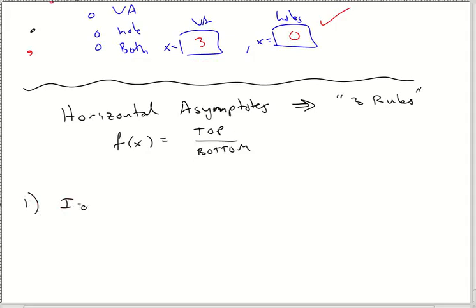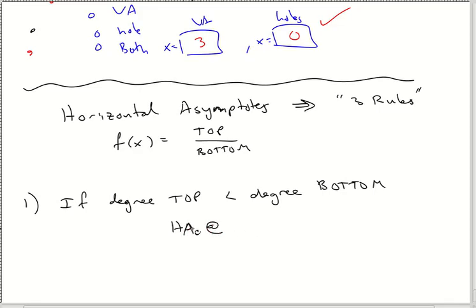Number 1, if the degree of the top is less than the degree of the bottom, then my horizontal asymptote is at, because I want to make it look cool, I'm using the at sign. I'm so hip. y equals 0. And that's your answer.